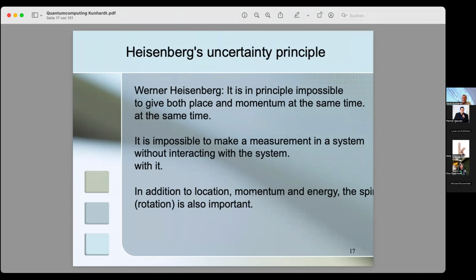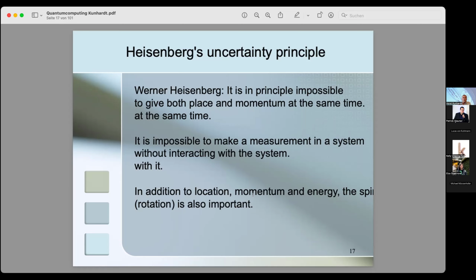Werner Heisenberg said it is in principle impossible to give both the place and the momentum at the same time. That means to measure the momentum or the speed of a particle like an electron, an atom or a photon.